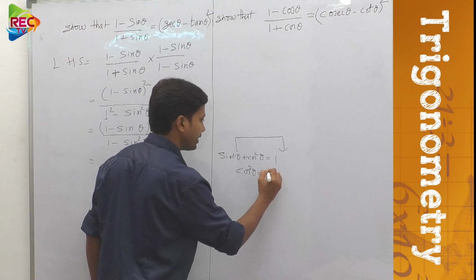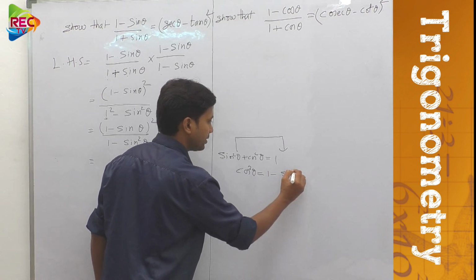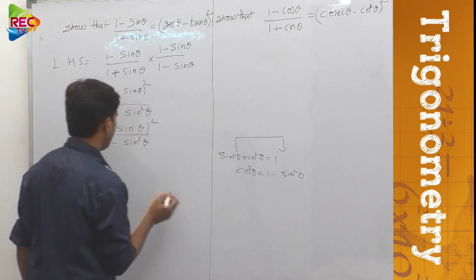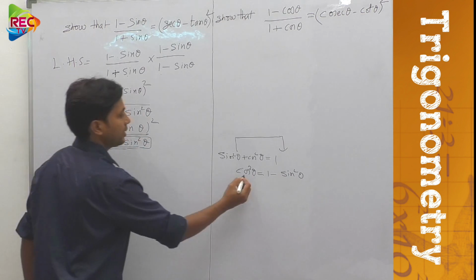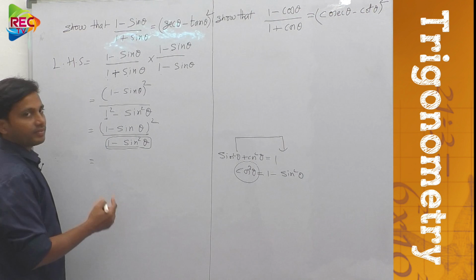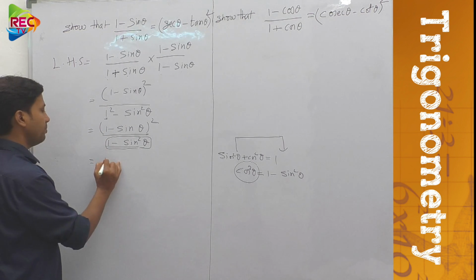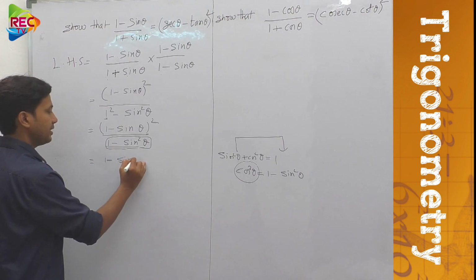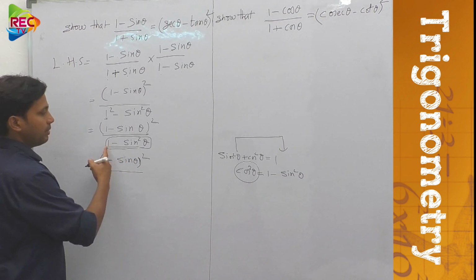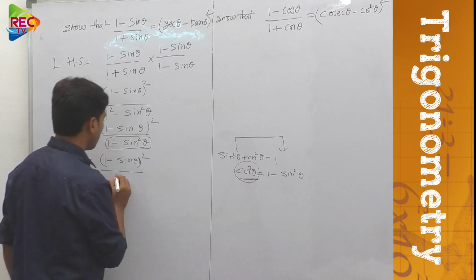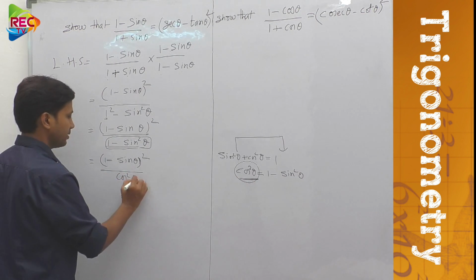So cos square theta equal to 1 minus sin square theta. So here we can replace 1 minus sin square theta with cos square theta, exactly. So (1 minus sin theta) whole square by cos square theta.